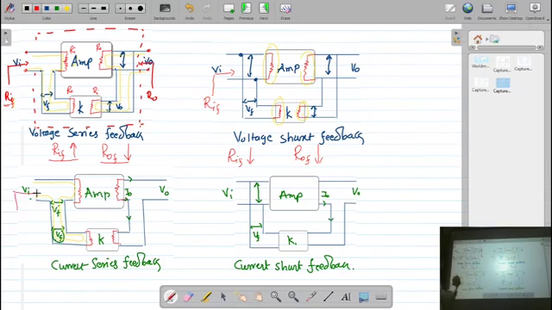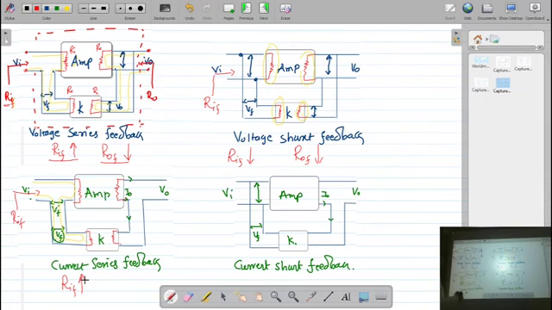So here if we measure this RIF, then due to the series connection of the two resistances, the input resistance of the amplifier is going to increase. So here is the property of this amplifier where the input resistance due to the feedback is increasing.